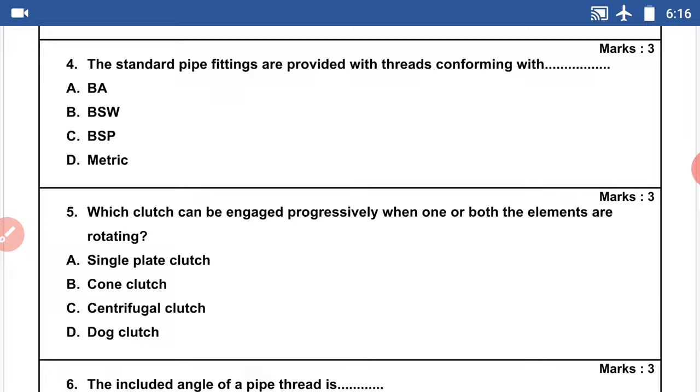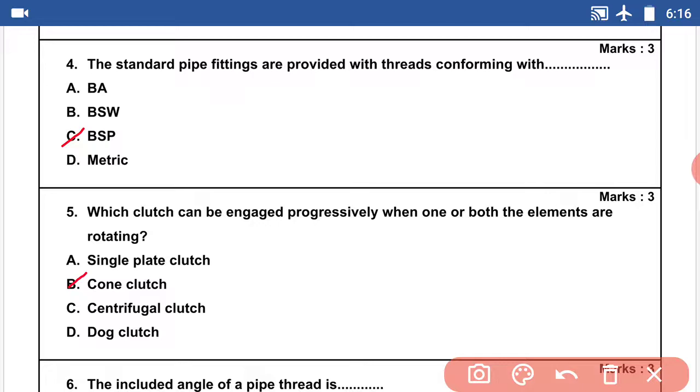The answer is BSP, option C. Question number 5. Which clutch can be engaged progressively when one or both the elements are rotating? The answer is cone clutch, option B.